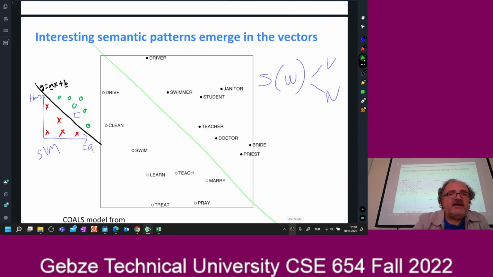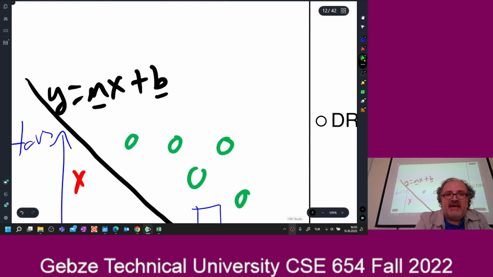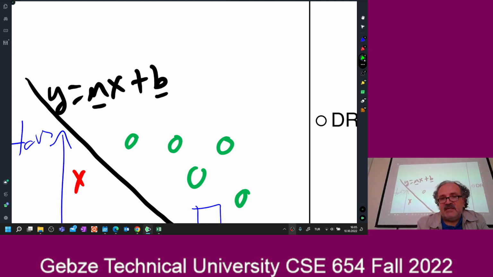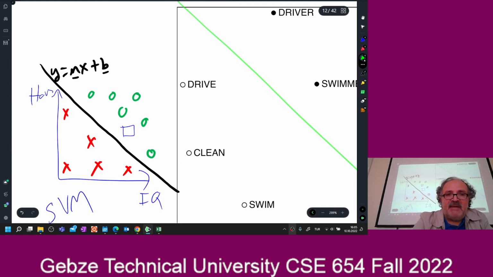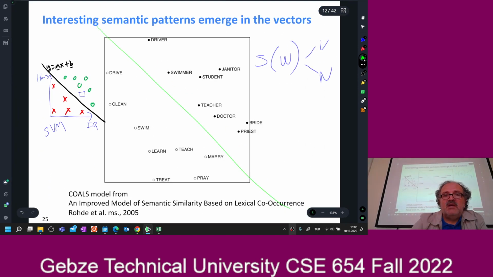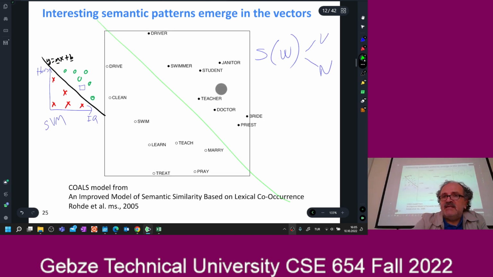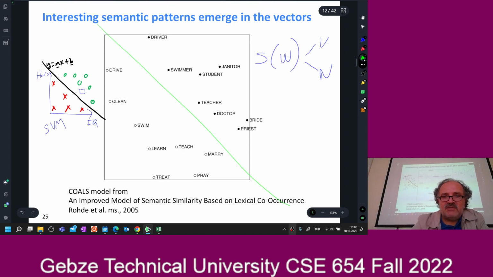Okay, how do you define a line? A line is defined by two parameters, m and b, right? y equals mx plus b. That's how you define a line. So find me a line, by finding this m and b, that separates these words into two. At the upper side of this line there will be nouns, at the lower side there will be verbs, okay?